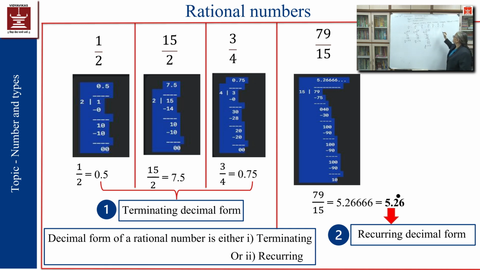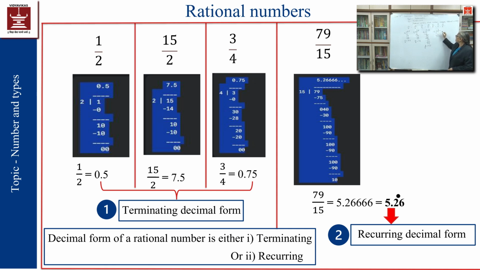Let us consider the next number, 79 upon 15. You must be good at tables. When you want to convert rational numbers into decimal form, you must be good at tables. If you have learned the tables by heart, you will get the answer easily and quickly. 15 5s are 75, 79 minus 75 is 4.